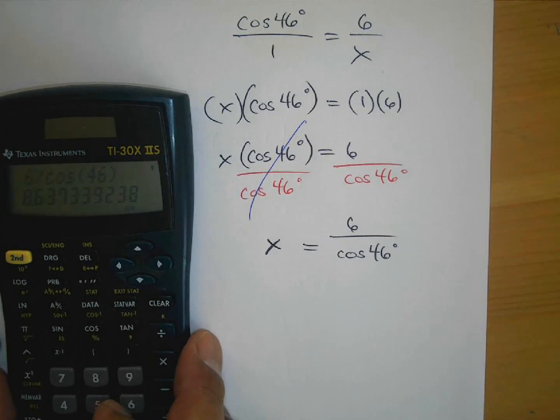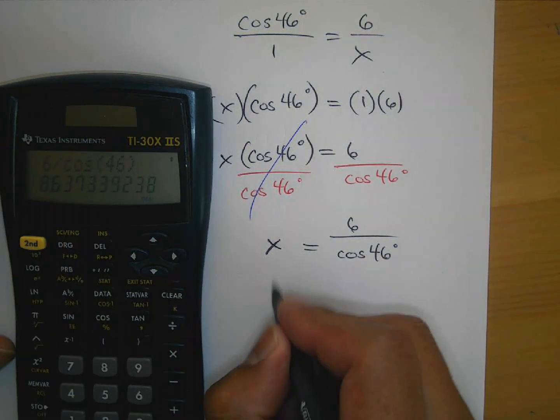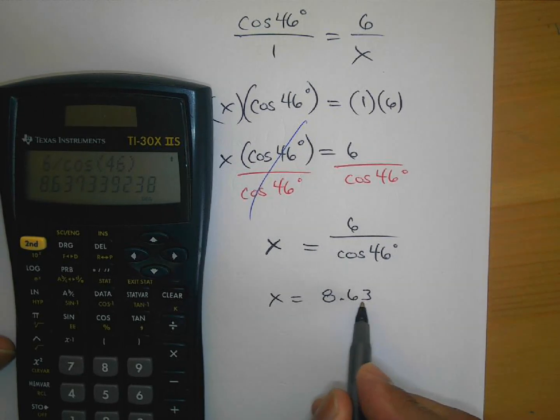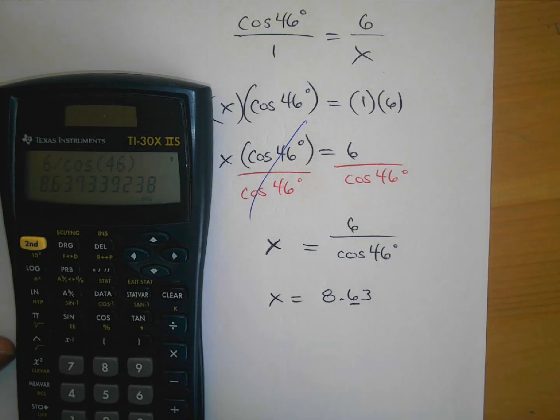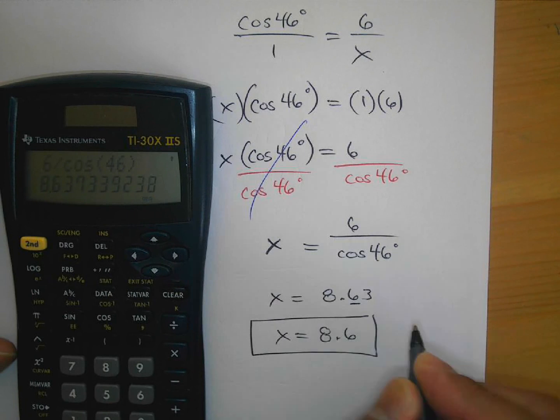Okay, 8.63. But the 3 doesn't round this up, so remember they want to round it off to the tenth place, so your answer is just going to be 8.6.